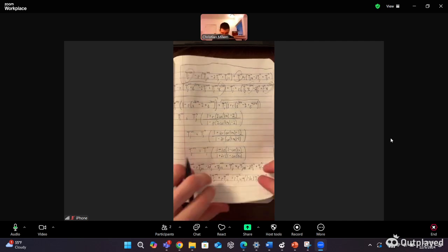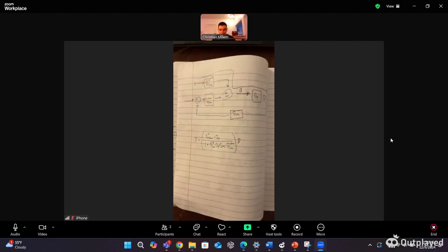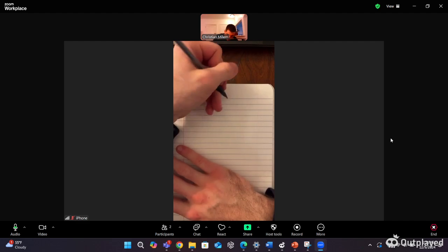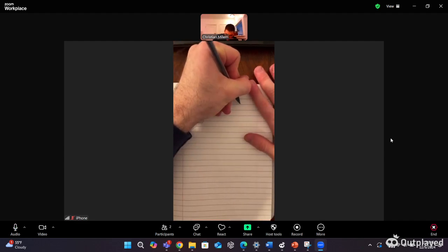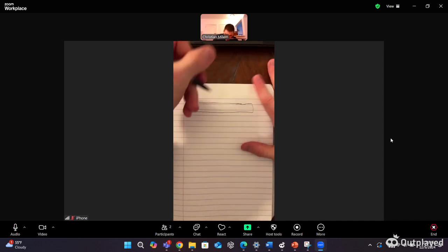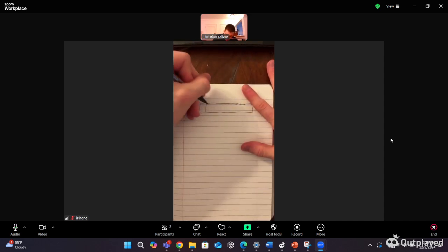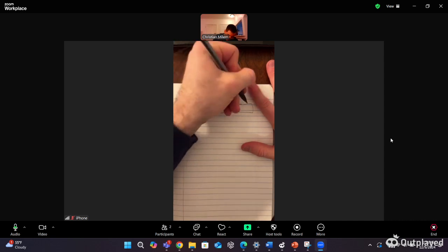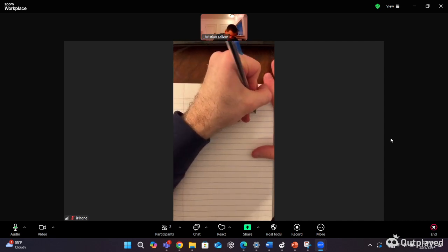So let me get a fresh sheet of paper so we can, sorry, this is stuff from way later in class, so we can actually write out the bar. So I'm just going to write this out in 2D because that's a lot easier. 2, 3, 4, 5, 6, 7, 8, 9, 10, 11, 12, 13.